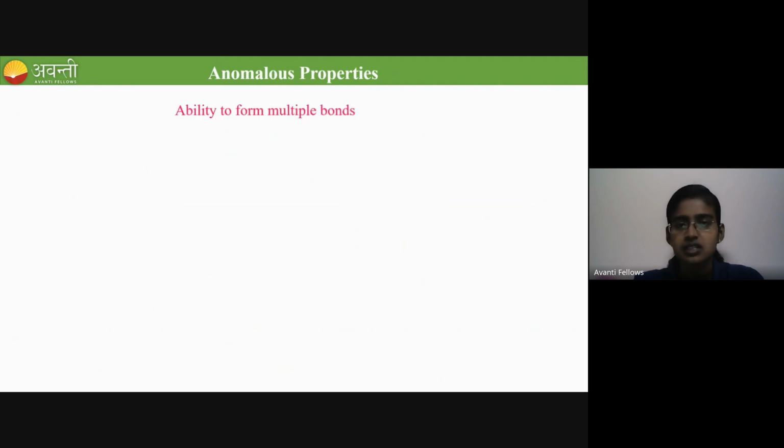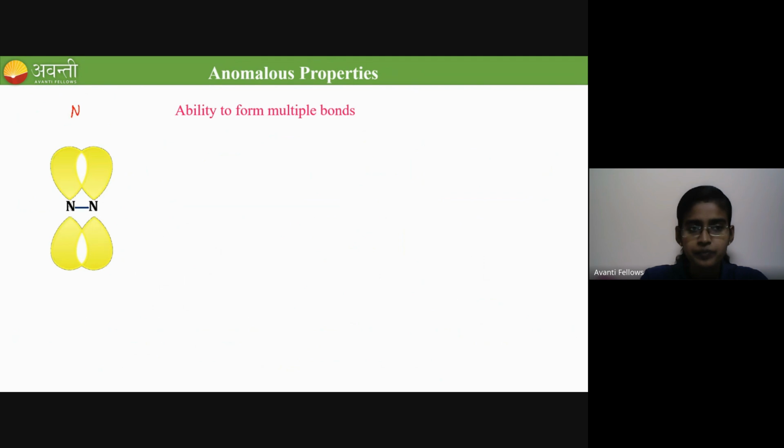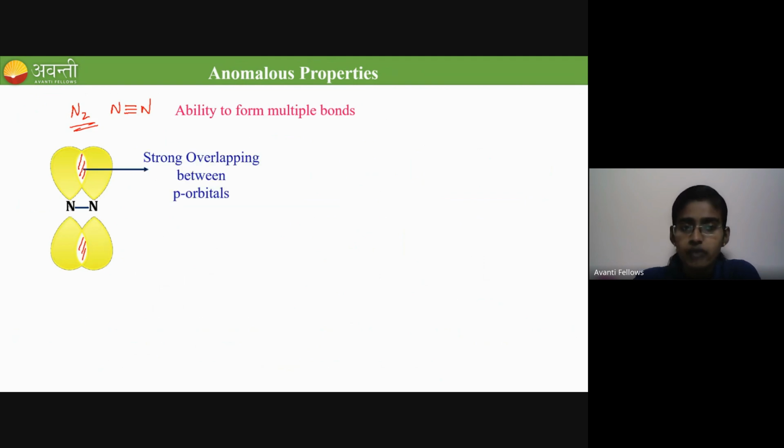And the next topic is inability to form multiple bonds. Second period elements can form multiple bonds: single bond, double bond, triple bond. For example, nitrogen can form 3 bonds, right? N2 molecule, N triple bond N, is the nitrogen molecule. Here, if you see the overlapping region, it is very, very high, meaning strong overlapping.